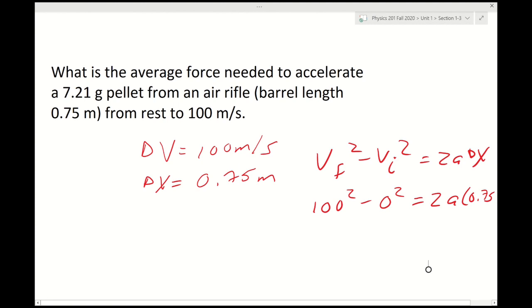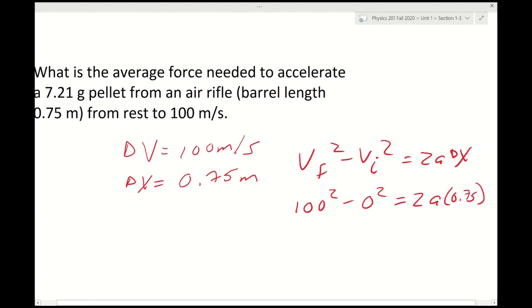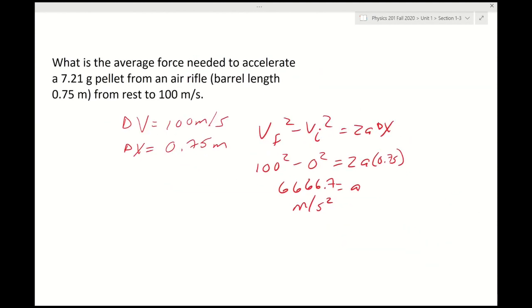So from this, we can find our acceleration as a lovely 6,666.7 meters per second squared. Now be careful because this mass is in terms of grams and we need it in kilograms. So 7.21 grams.